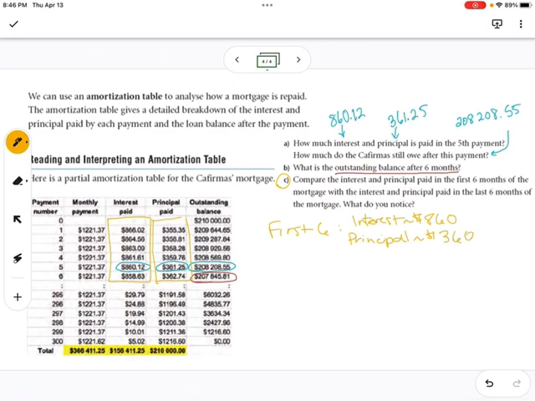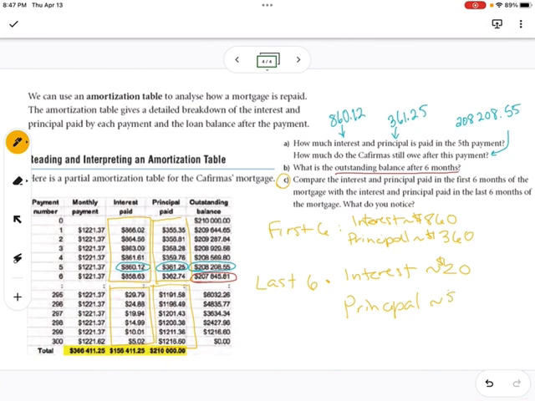Now when we look at the last 6 months, we notice that our interest paid is a lot smaller. So for the last 6, our interest we can say is around $20, and our principal, so we're going to notice that our principal is a lot higher where our interest is a lot lower.